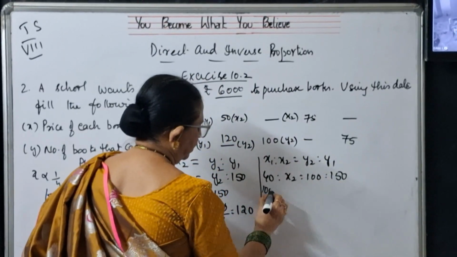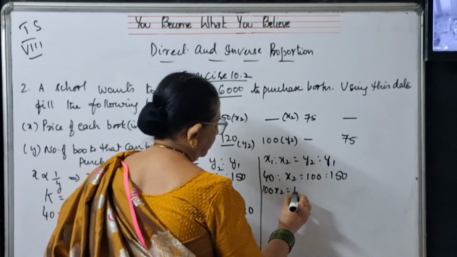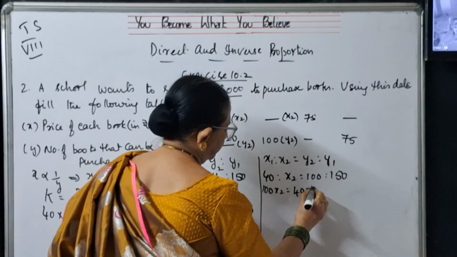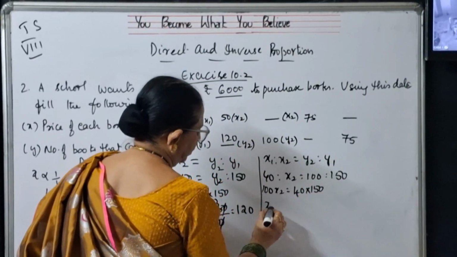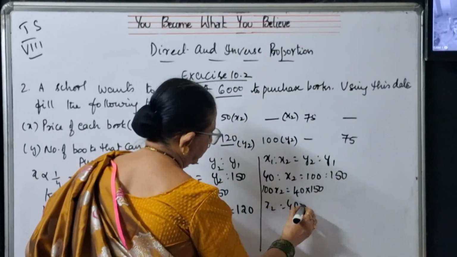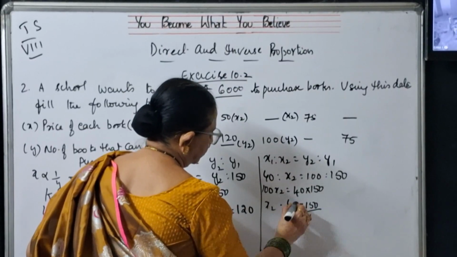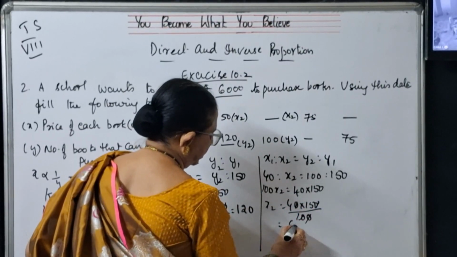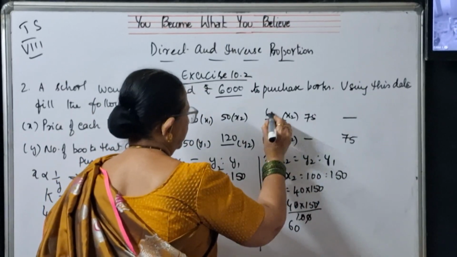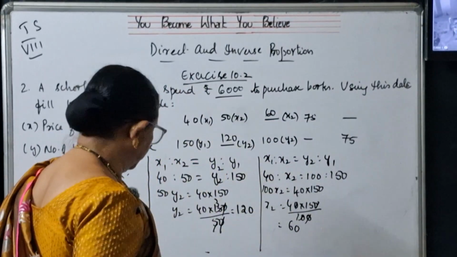Means 100 x2 is equal to 40 into 150. So what is x2? 40 into 150 by 100. Zeros will get cancelled. 15 fours are 60. So here you are getting 60.